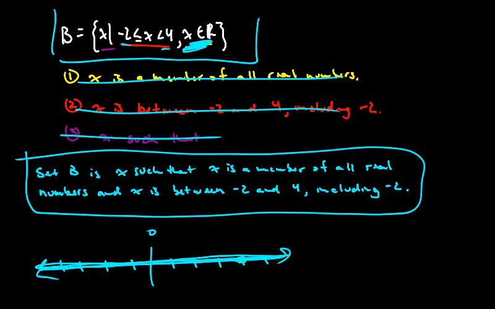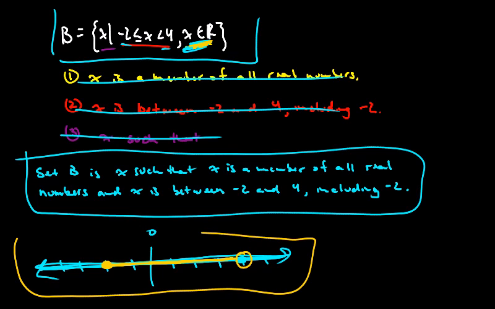So instead of being a closed circle, it needs to be an open circle because it's non-inclusive. Now on our lower boundary, -2, this one is inclusive, so that will be a closed circle. And because this is all real numbers, we'll go ahead and shade this line representing that everything in between there is a valid solution, or is a part of this set. And that will be our final answer.